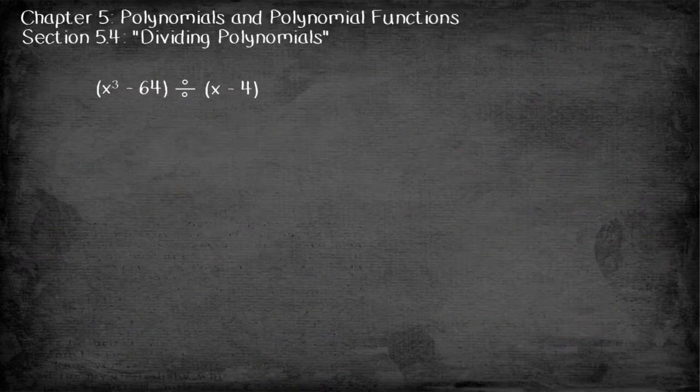All right, another example. We can do synthetic division on this one because we have something of the form x minus c. So remember, we are looking for things that look like x minus c when we're dividing. And hey, we have x minus c here. So that c, which in this case is 4, goes in our little square.